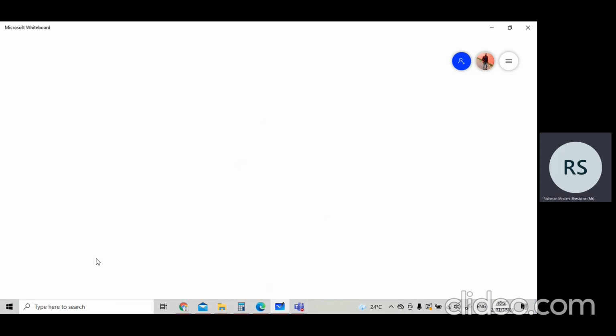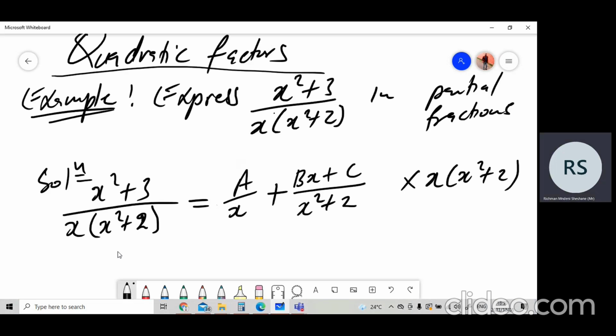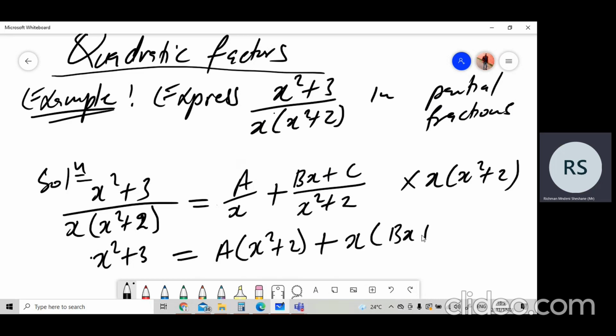So this will be x squared plus 3, because this will cancel, equal to, when you multiply into the first term on the right hand side, the x will cancel with the x. This will be a times (x squared plus 2), plus, when you multiply this with this, x squared plus 2 will cancel, so it will be x multiplied by (bx plus c).